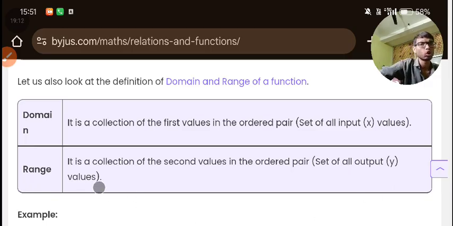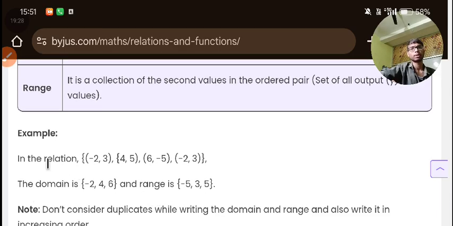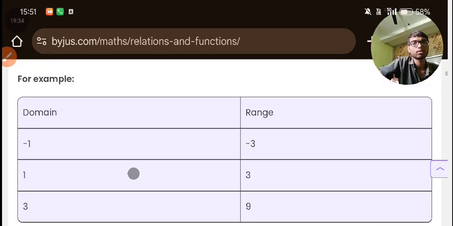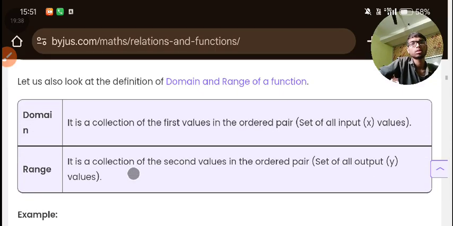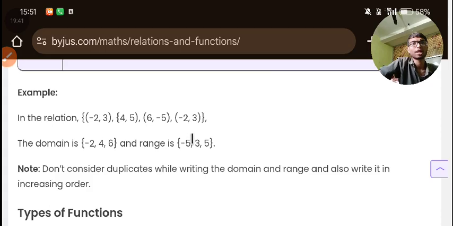The domain is a collection of the first values in the ordered pairs, and the range is a collection of the second values. Example: we have a relation (-2, 3), (4, 5), (6, -5), (6, -5), (6, -5), (-2, 3).